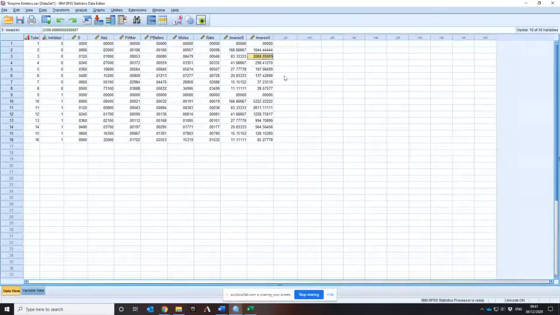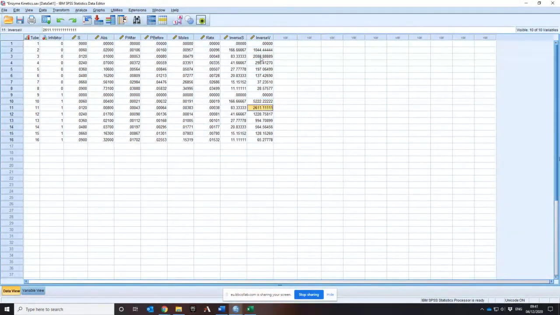So you can see here that the value that I don't want is the 1 over v, which is 2088. Now, I could ignore all of the values of 1 over v that are bigger than 2000. But if I did that, I'd get rid of these 2 values from the inhibited data. So I don't want to do that.